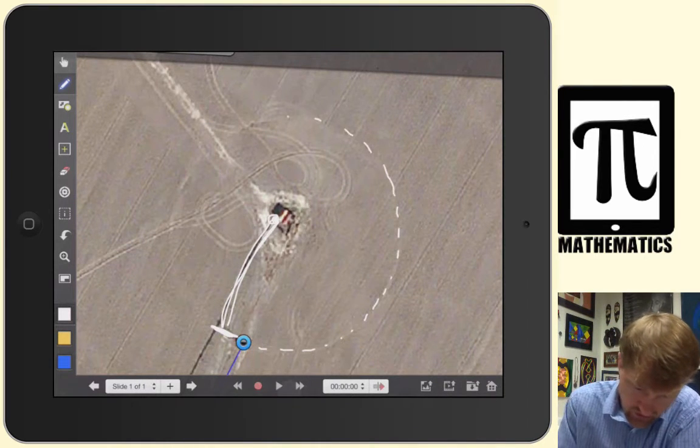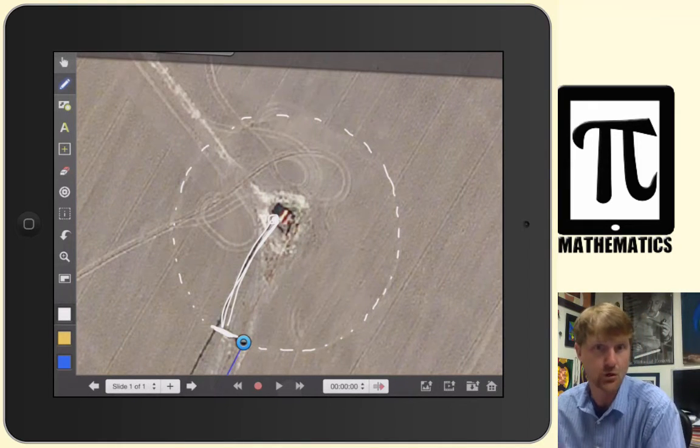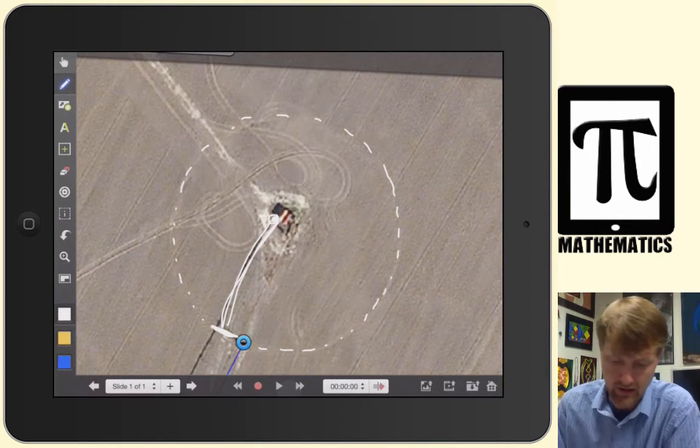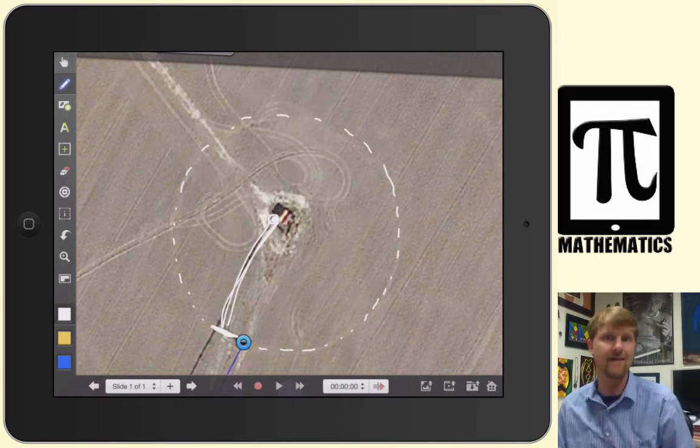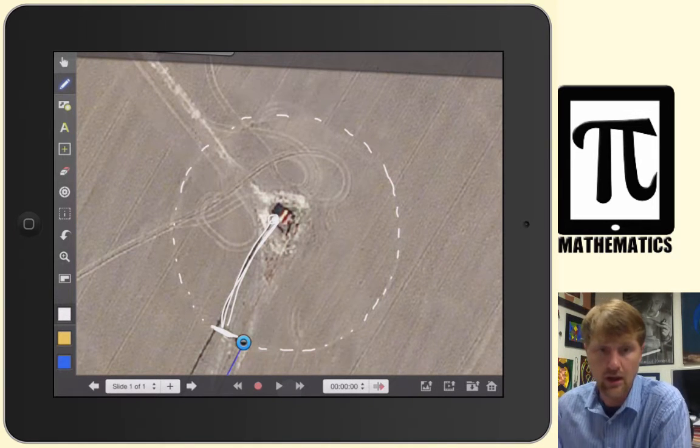Of course the downfall of a center pivot is that it's going to run over your crops, and so you're going to have this area that I've just outlined in white that's not going to have any crops growing on it because the wheels will trample it throughout.